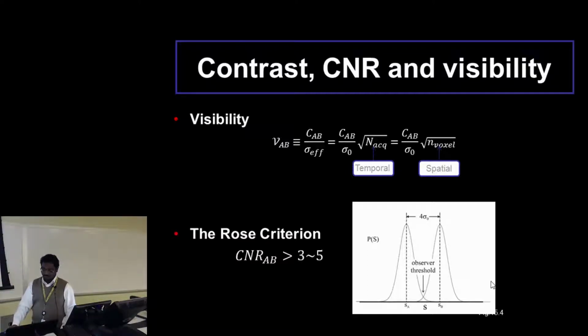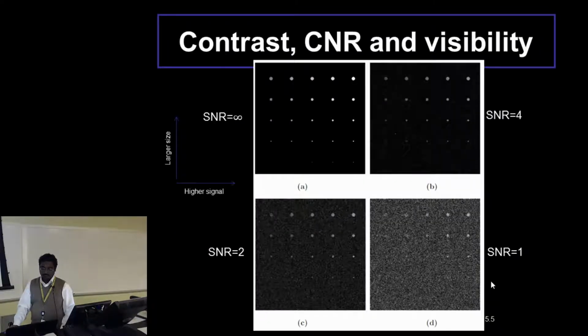So your effective CNR, which your eye is already averaging in your mind, is multiplied by the square root of the number of voxels, and that becomes apparent here, where we saw the intensity changing in this direction and the object size changing in this direction.